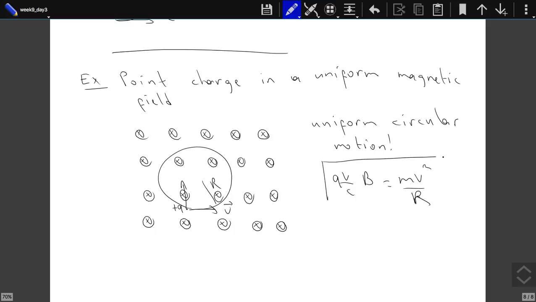So this is how the radius is related to the other properties. Or let's say if you have the radius, the v's I can just cancel. q over m is equal to v times c over r times B.